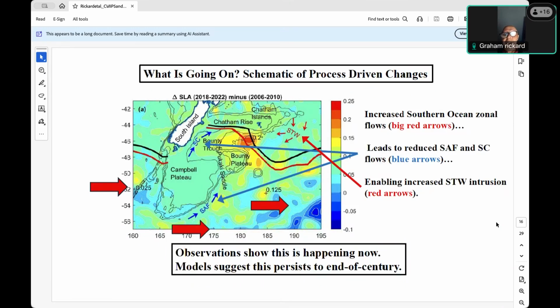The small blue arrows have reduced, and the red arrow around the top, bringing in the surface water, has increased. So we think the changes occurring in the wider Southern Ocean are driving local circulation changes within Bounty Trough, which seems consistent.